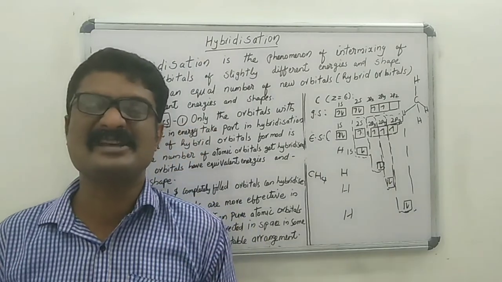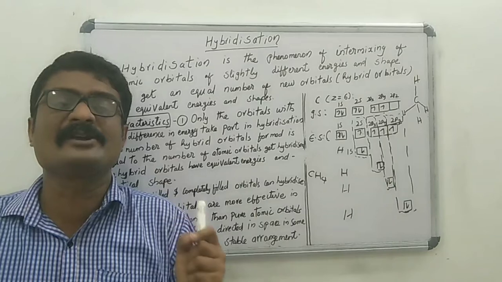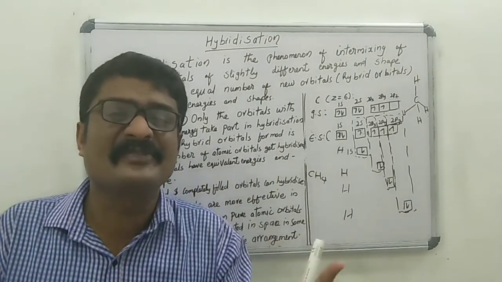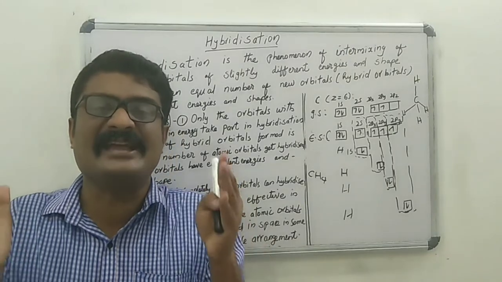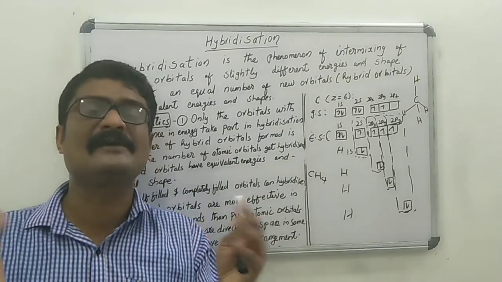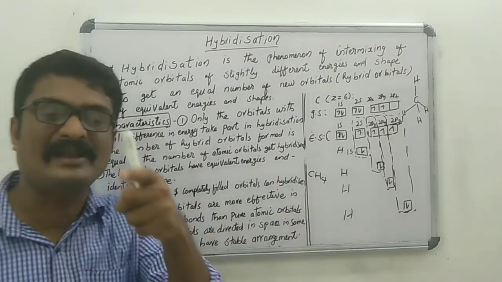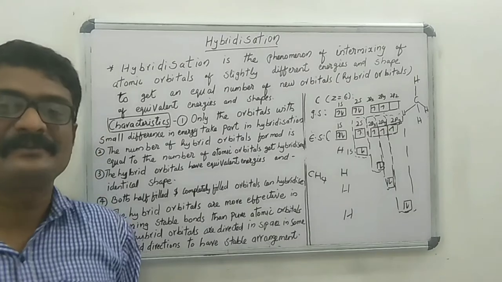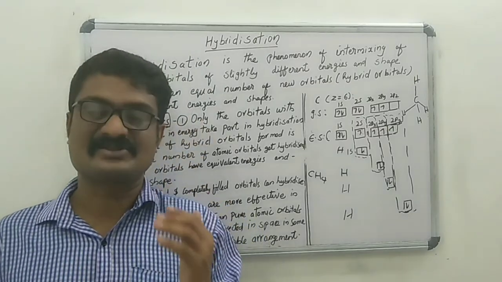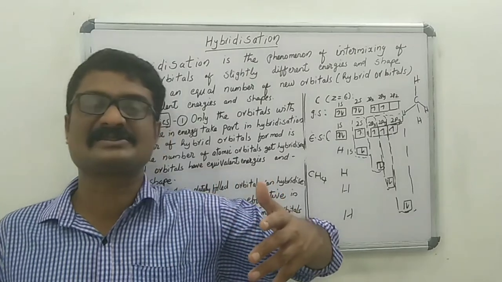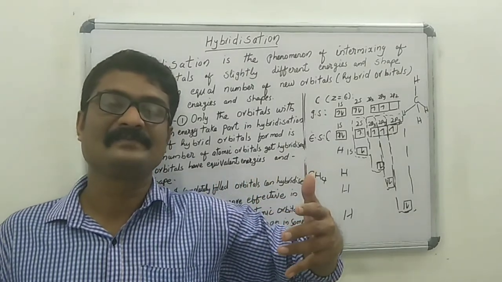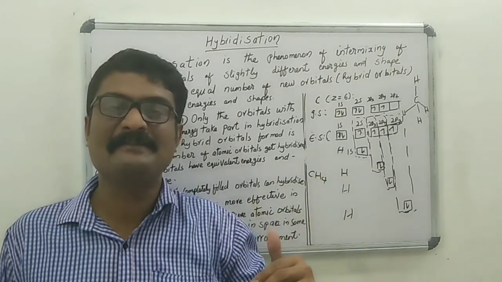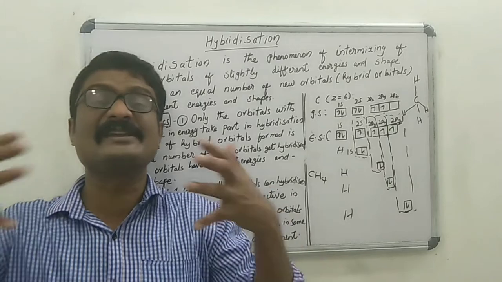And what is meant by hybridization? It is the phenomenon of intermixing of atomic orbitals of slightly different energies and shape to get an equal number of orbitals of equivalent energies and shape. So the atomic orbitals having different energy and shape undergo the process of intermixing.